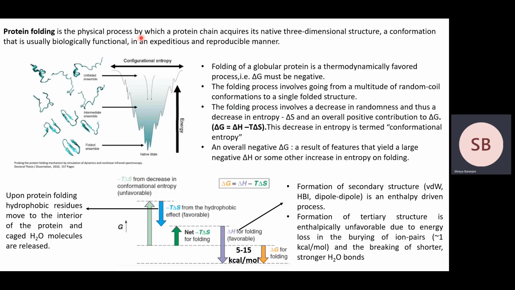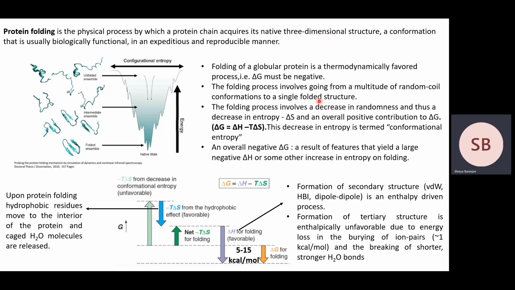Now, protein folding is the physical process by which a protein chain acquires its native 3D structure, a conformation that is usually biologically functional, in an expeditious and reproducible manner. Folding of a globular protein is thermodynamically favored, so the delta G must be negative.